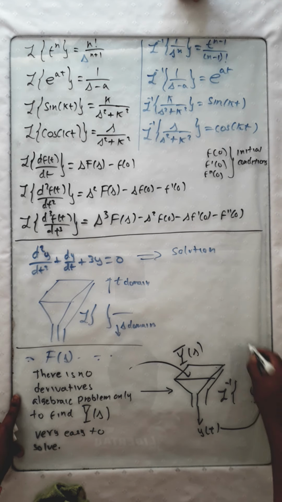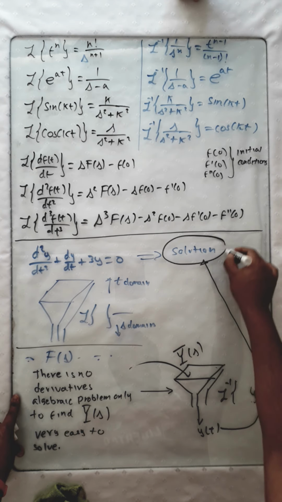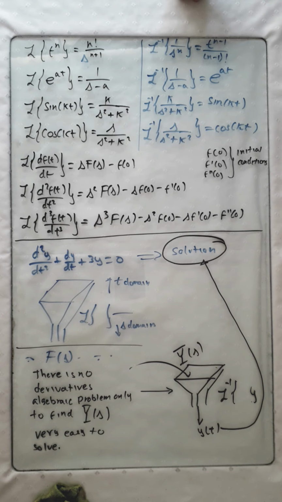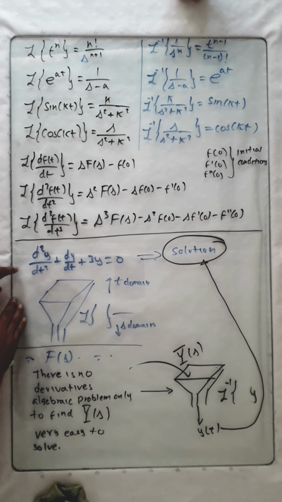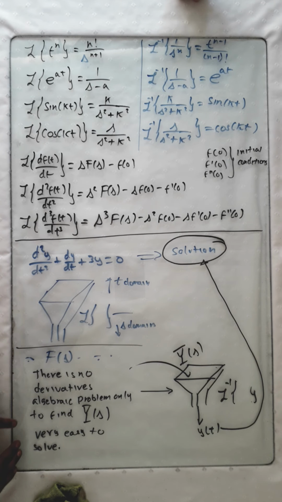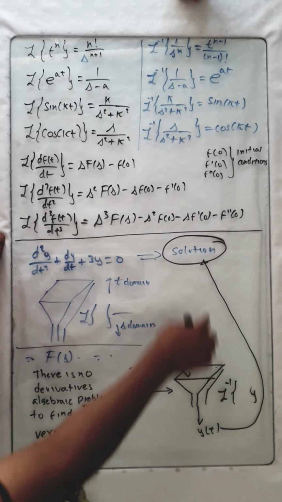This y of t happens to be the solution. Alright? So this is why we are looking at the Laplace transform, another method to get to the solution, by taking the Laplace transform, solve it in the s domain, and then bring back the solution to the t domain.